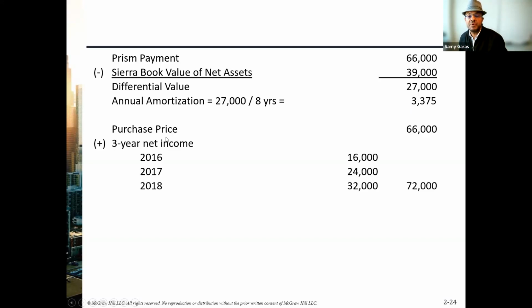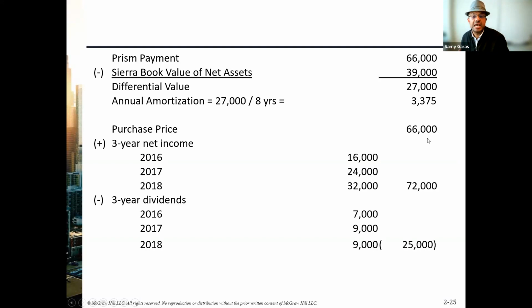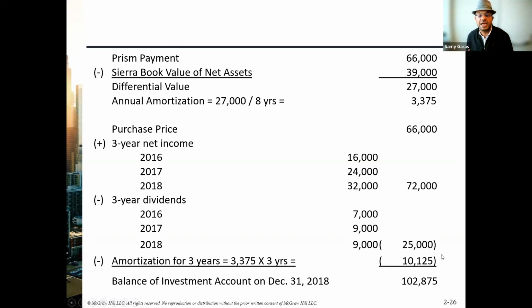The initial payment of the investment, 66, plus the net income for the following 3 years, 72, that should be added to 66. And then subtract the dividends of the 3 years, and then subtract the amortization for the 3 years as well. So we multiply 3,375 by 3 years. And then we make the calculation here, we should get 102,875.